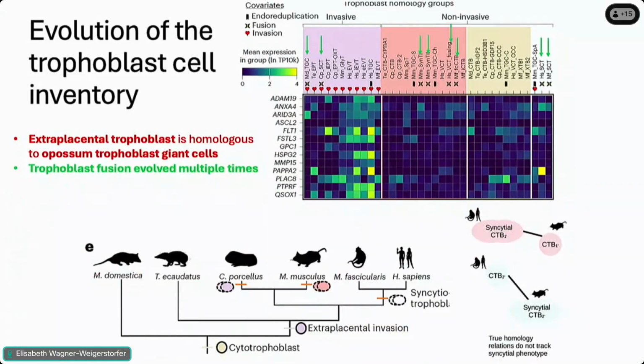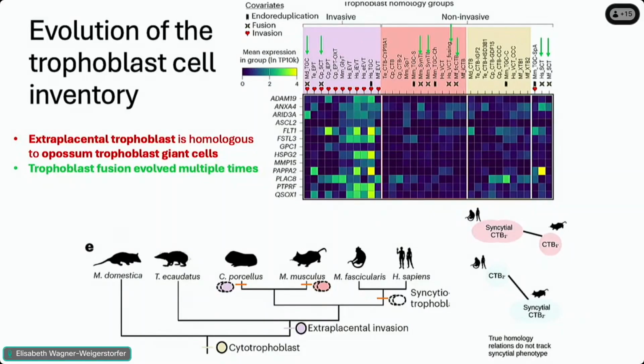And if you look at the distribution of trophoblast cells with fusion, it turns out that we find them everywhere, except that if you look at the homology groups, syncytial forms actually come in different subclusters, which suggests that syncytialization actually evolved multiple times independently.